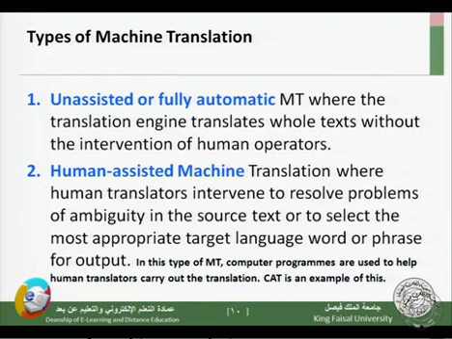It gives you, for instance, a translation, but you need to intervene and say, all right, I better do something about this. I better do something about that. It needs a lot of editing, and there are certain ambiguities. You need to solve these ambiguities. So in this type of machine translation, computer programs really are to help you as a translator carry out the translation.